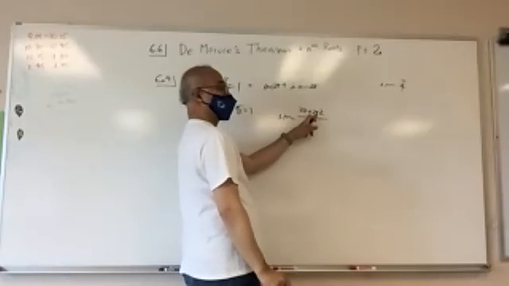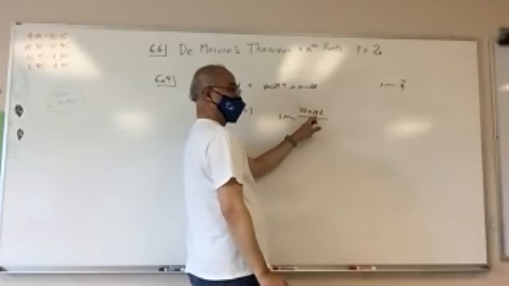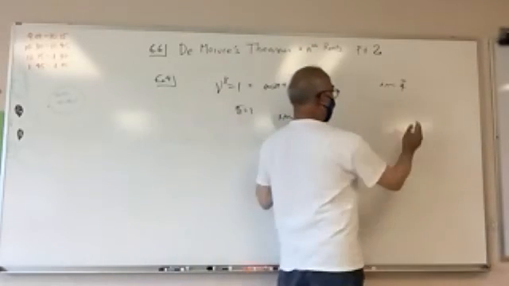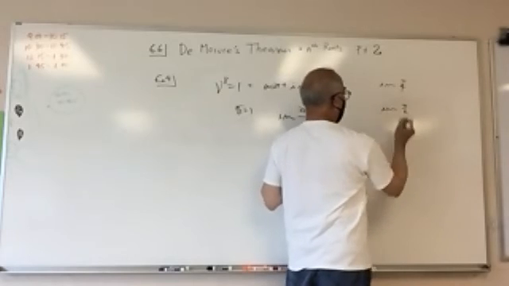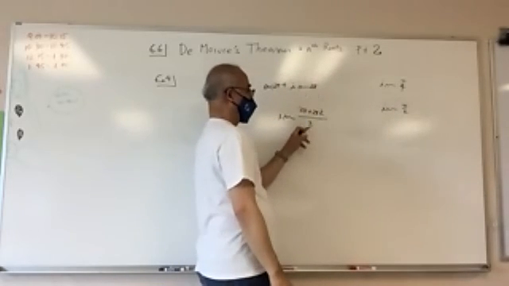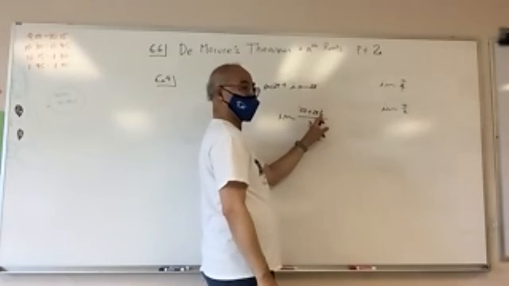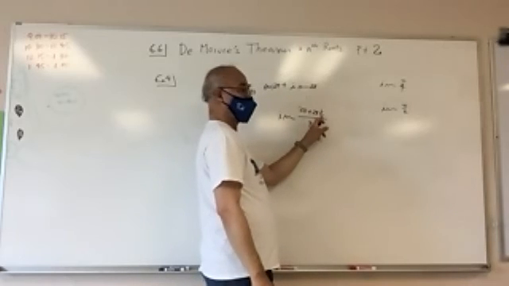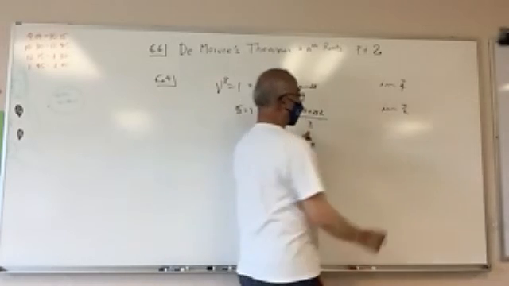Second one is k is equal to 1. 2 pi plus 2 pi is 4 pi, divided by 8. k is equal to 2 would be what? 4 pi plus 2 pi is 6 pi divided by 8.